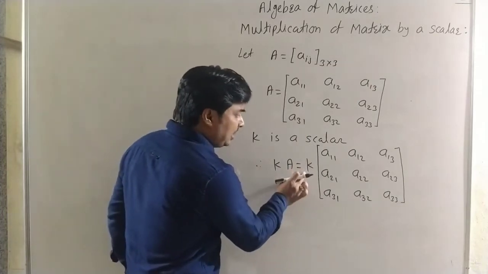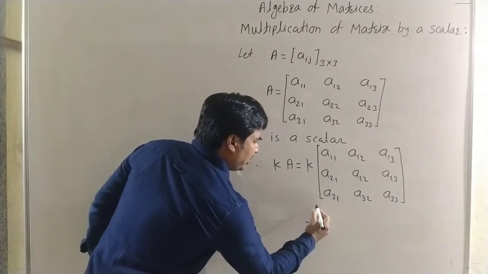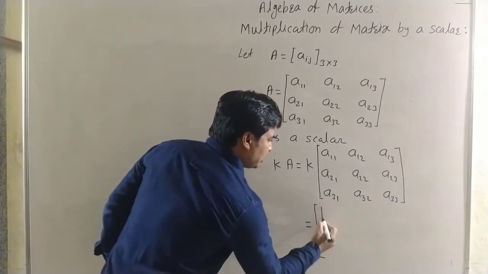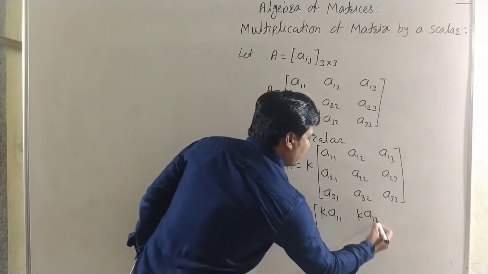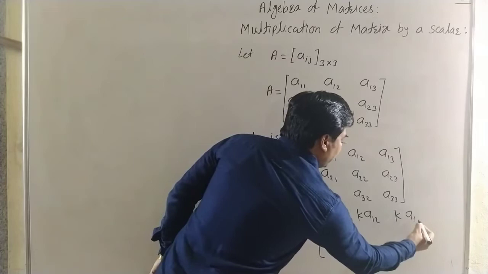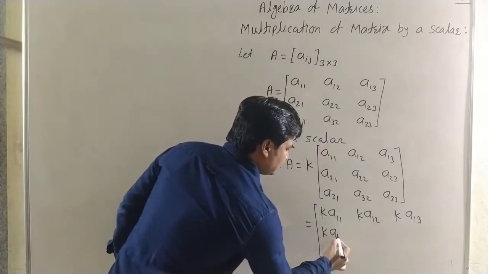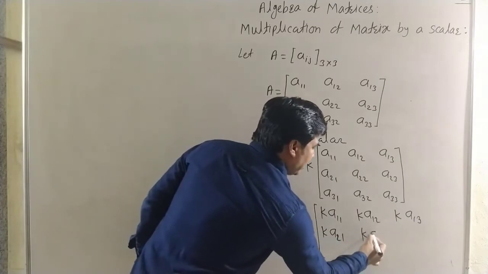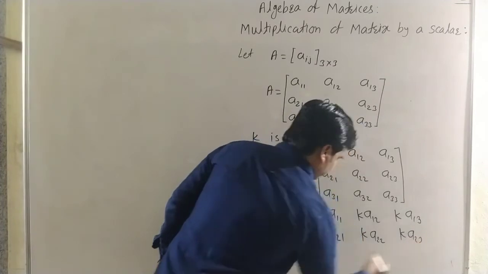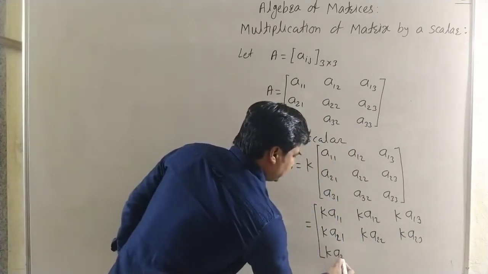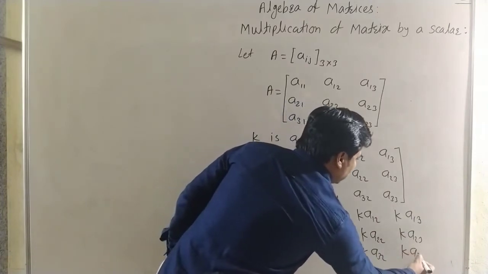Here we multiply all elements in that matrix by K, that is K into A11, K into A12, K into A13, K into A21, K into A22, K into A23 and then K into A31, K into A32, K into A33.